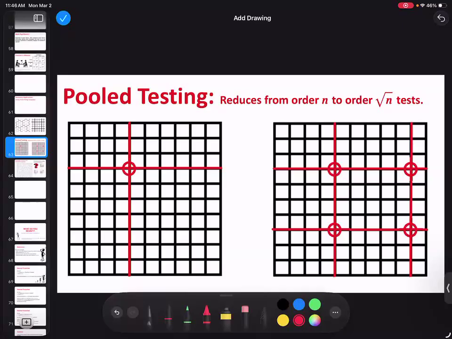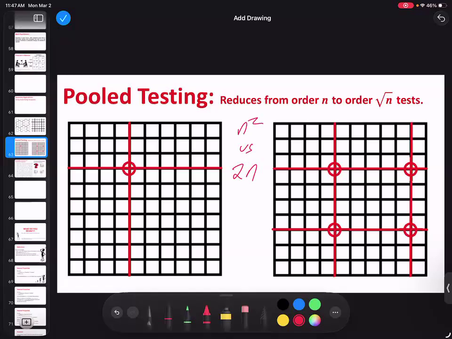This row test will come out, there's somebody infected in this row. We don't know who, but there's somebody. And this column will come out, there's somebody infected. We don't know who. Well, they only intersect in one spot. So there's only one person who could be infected. And now, instead of n squared tests, it's now just two n tests. That's a lot cheaper.